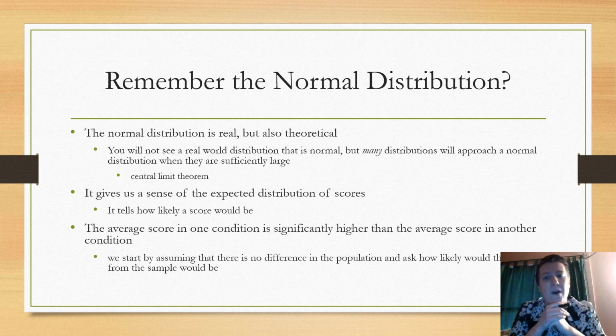If they're really equal, why is this sample so much larger than the other? Maybe because they're not equal, but we have to start with the assumption that they are.